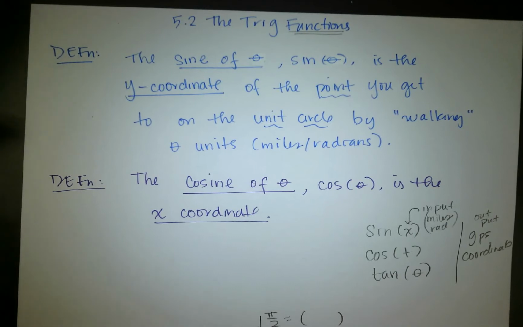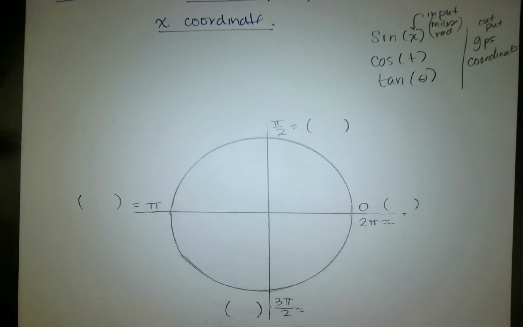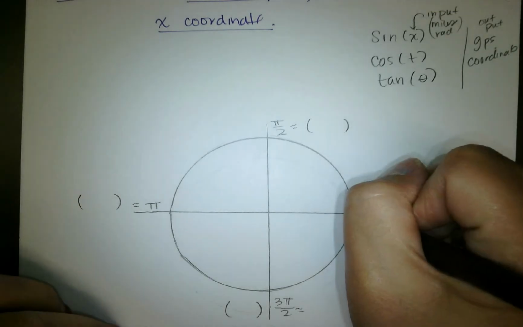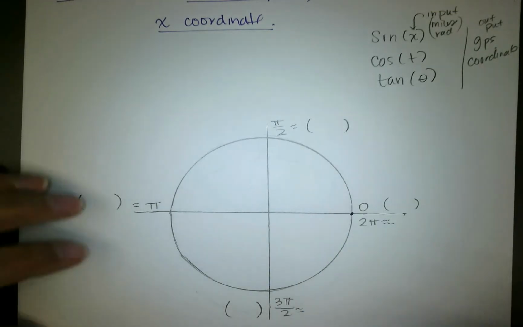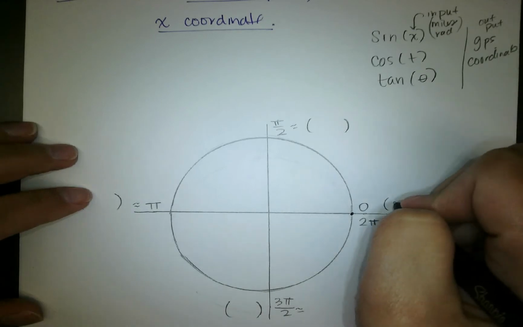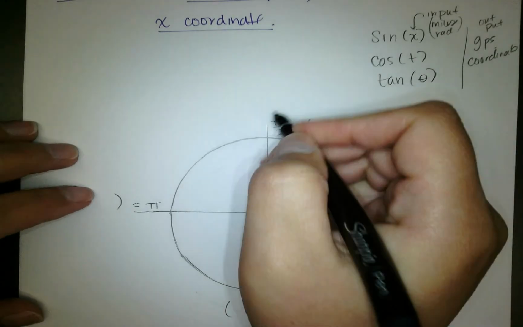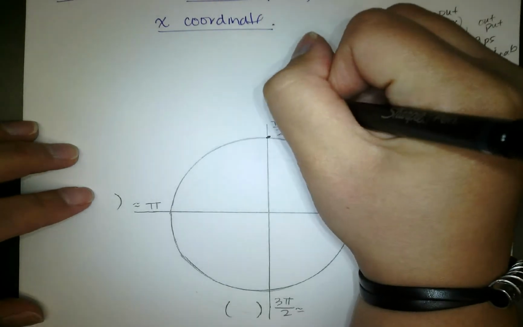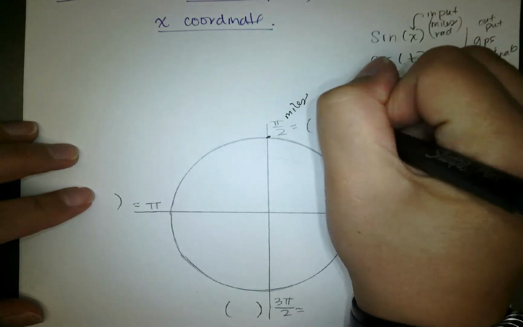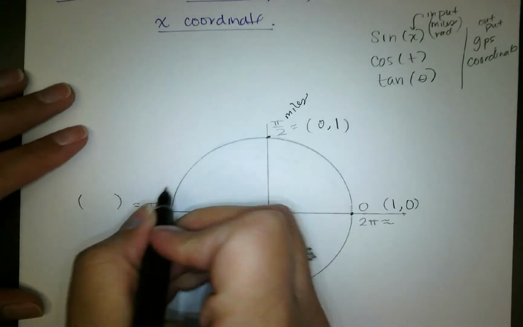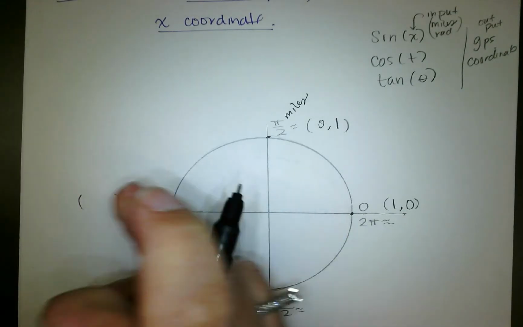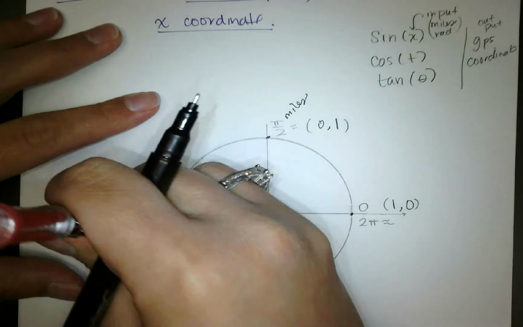Alright, here we go. So I have a circle. Okay, and let's go through our unit circle, the basics we start with. The 0 spot, that is 0 miles, and those GPS coordinates are (1, 0). Then you got pi over 2 miles, and those GPS coordinates are (0, 1). Pi miles. Oh, let me erase that. I gotta erase some of these spots.